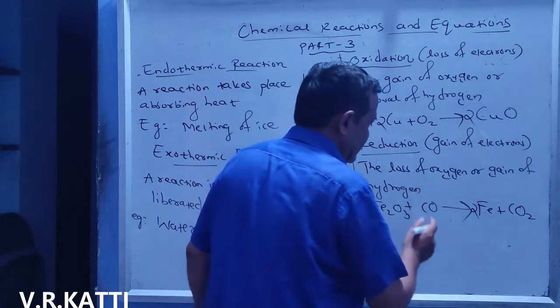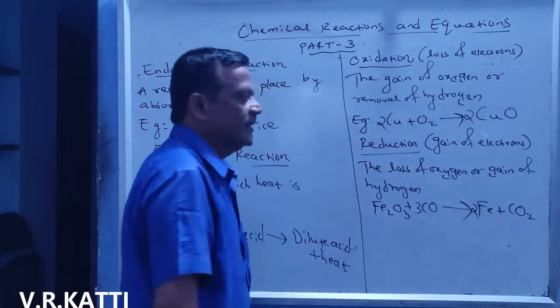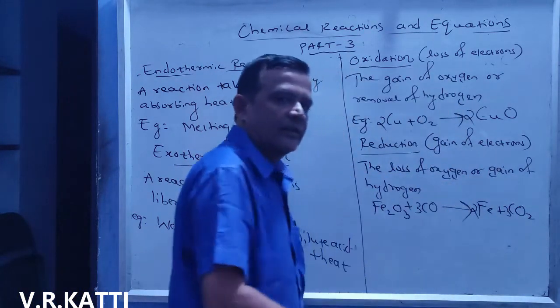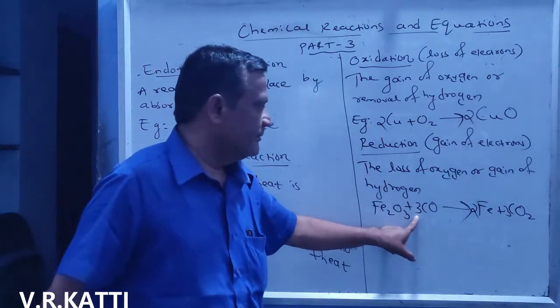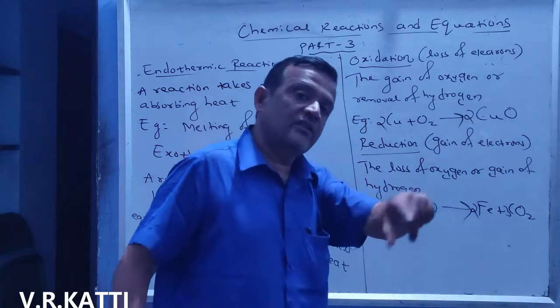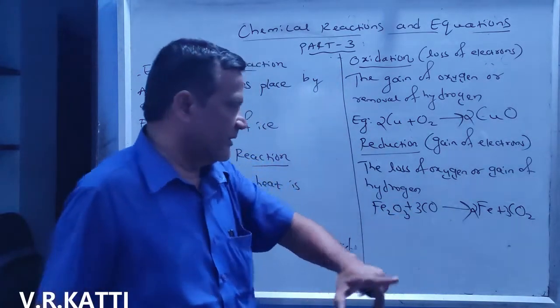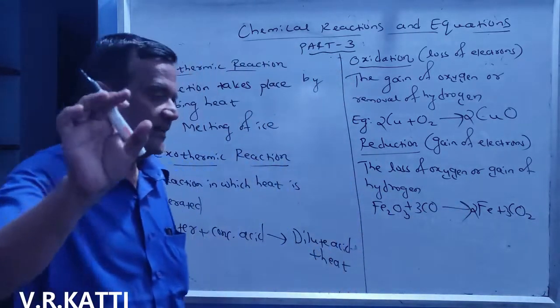So that is why take a 3. Then 3 carbon, 3 carbon balance. 3 twos are 6 oxygen, so 3 oxygen plus 3 oxygen, 6 oxygen. Iron 2, iron 2. Now students, it is balanced.